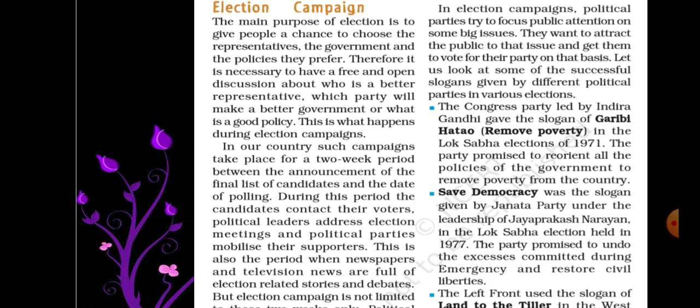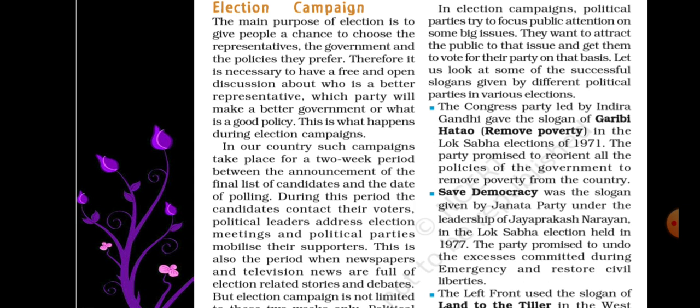The main purpose of an election is to give people a chance to choose representatives, governments, and the policies they prefer.